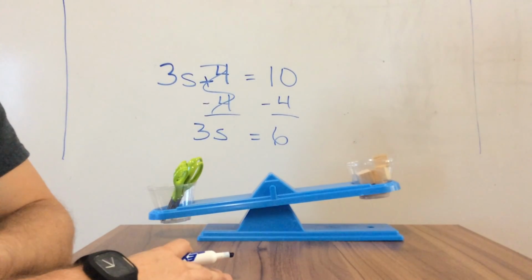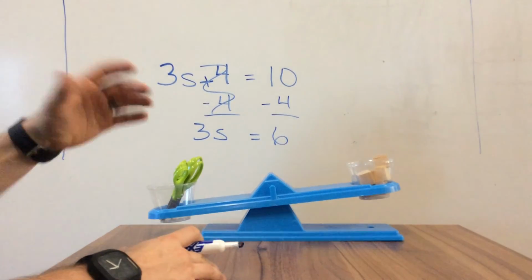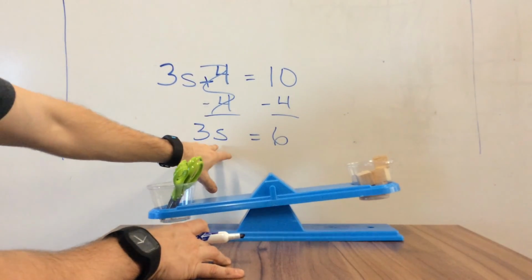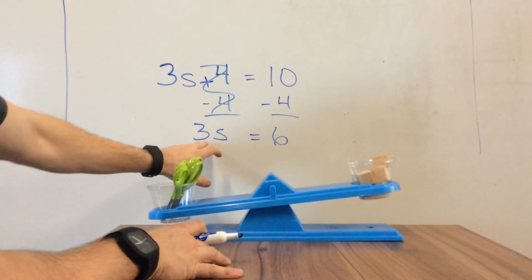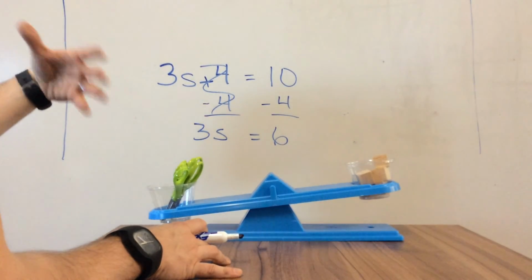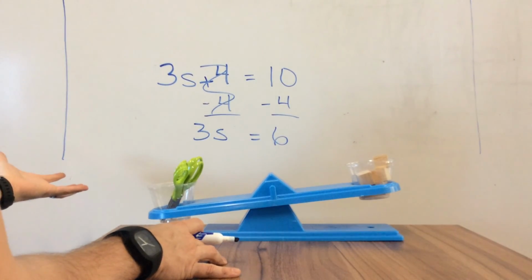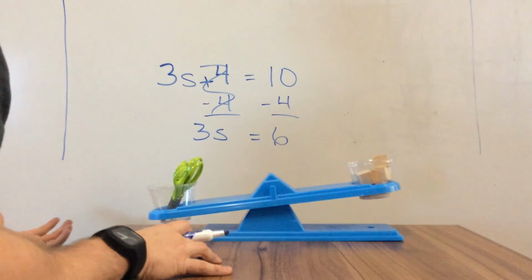It's not going to be any different than the addition and subtraction were. Whatever the operation is, whatever's got the variable stuck with something else, I have to undo it by doing the opposite. What's the opposite of multiplication? It's division.